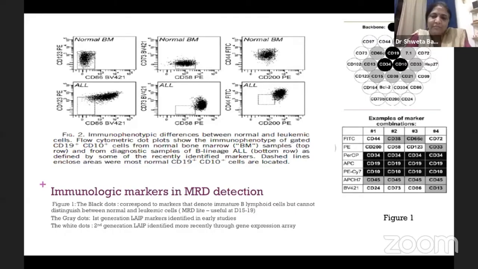To prevent that confusion, other lymphoid associated immunophenotypes were used. The gray ones are the first generation, and the white ones are the second generation leukemia associated phenotypes, and these had been designated by gene array methods, and by this we can do MRD detection.